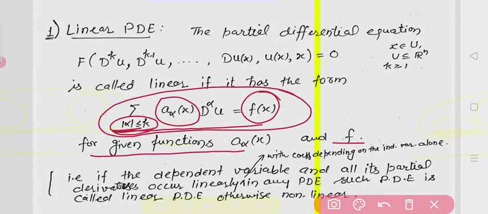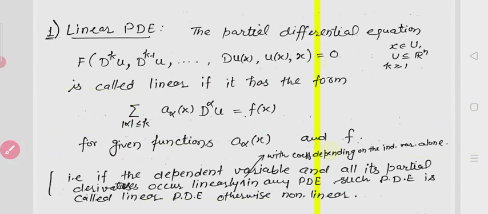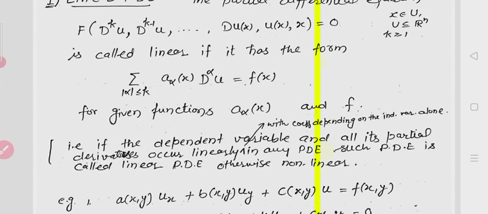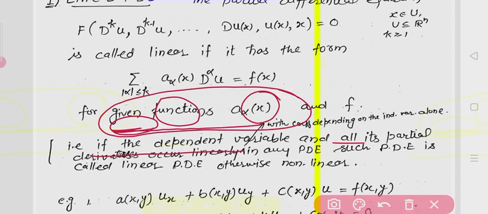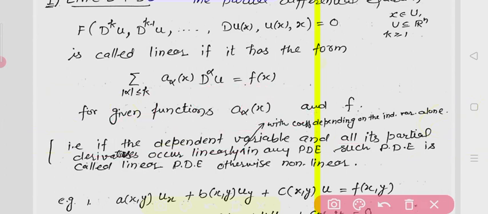So what does it mean? That means the dependent variable and all of its partial derivatives occur only linearly, with coefficients depending only on the independent variables. Here are the partial derivatives, and there are the coefficients.